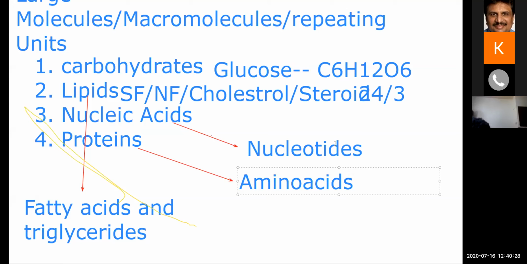Now on this slide, you have 4 biomolecules: carbohydrates, lipids, nucleic acids, and proteins. All of them are macromolecules. They are made up of smaller units, but these smaller units are more defined in terms of carbohydrates, nucleic acids, and proteins, and less defined in terms of lipids. But if you look at a lot of metabolic or biochemistry books, they will say lipids are made up of fatty acids and triglycerides.